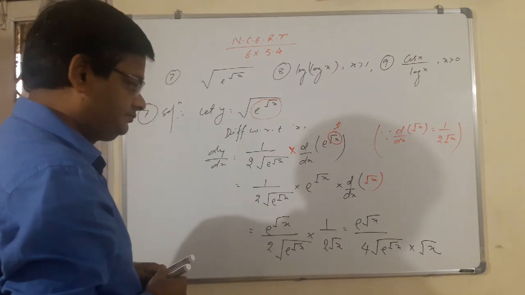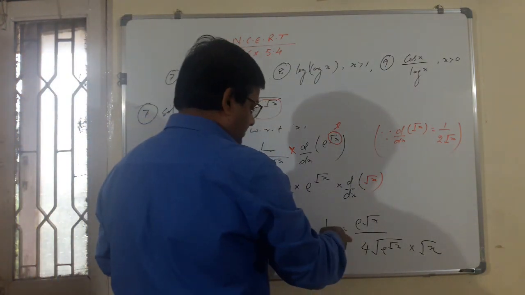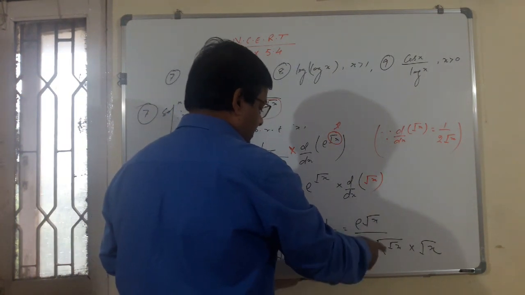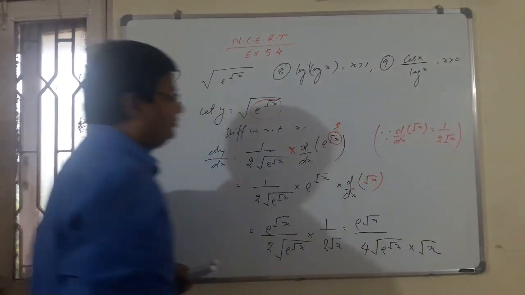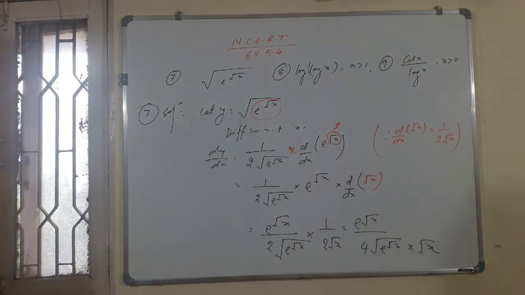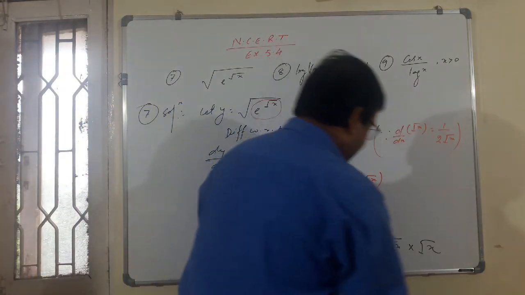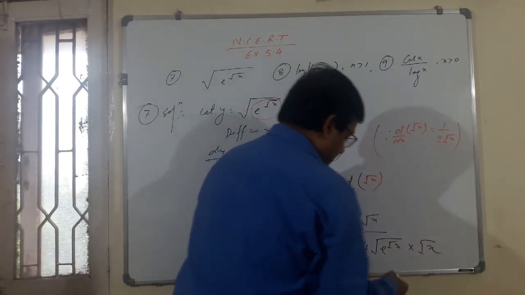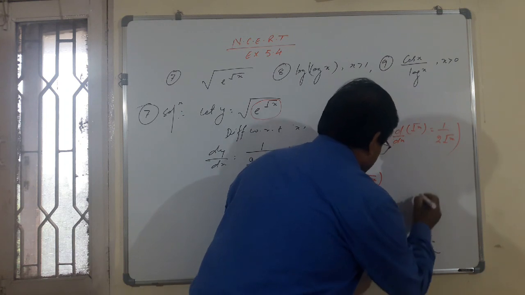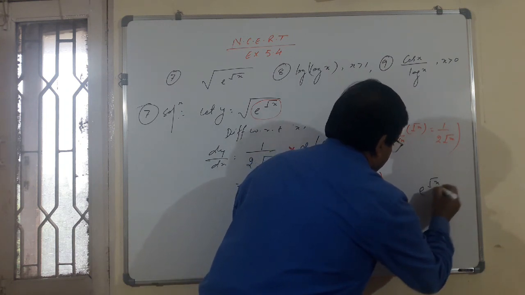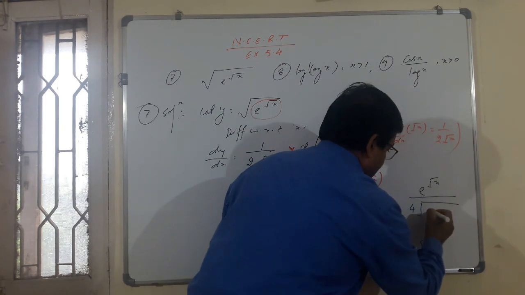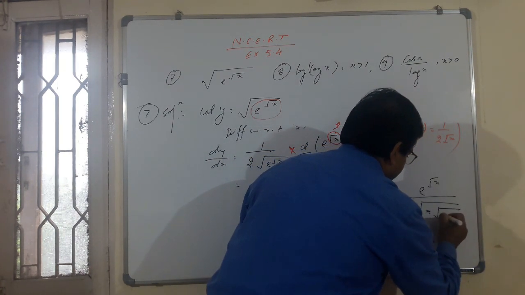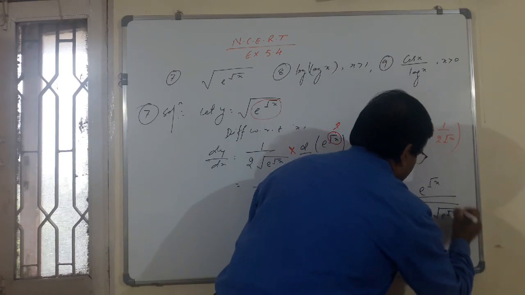Now see here, your complete answer is e raised to the power root x divided by 4 square root e raised to the power root x into root x. If you want to write this in another form, it becomes e raised to the power root x divided by 4 root x into e raised to the power root x.